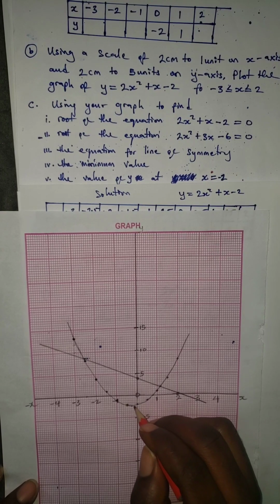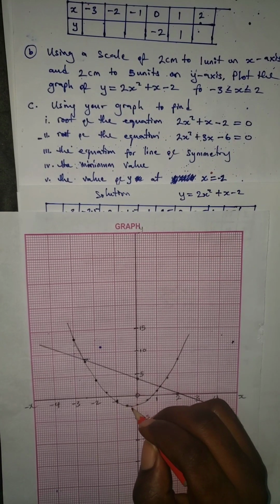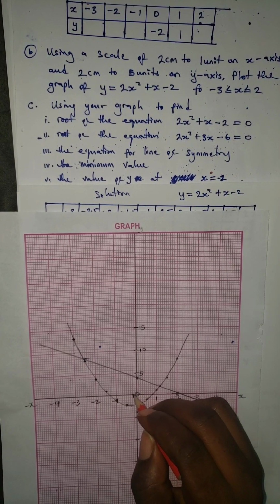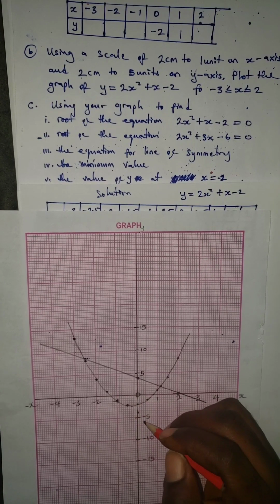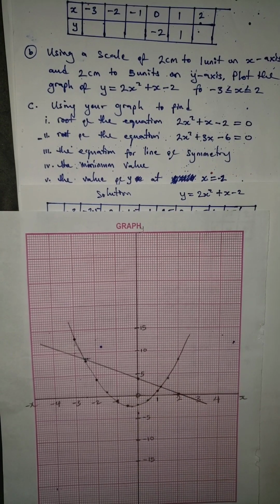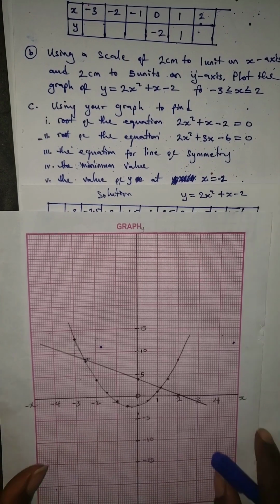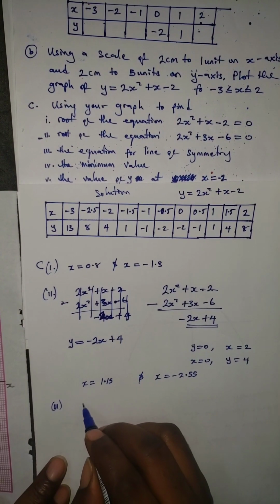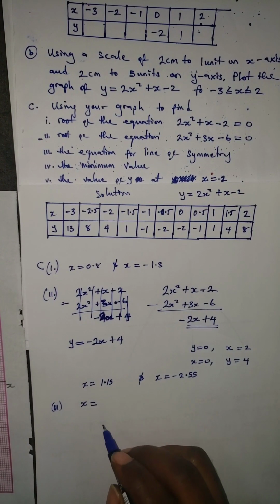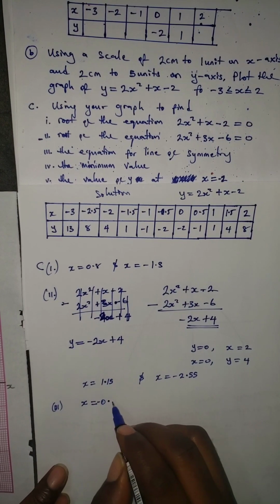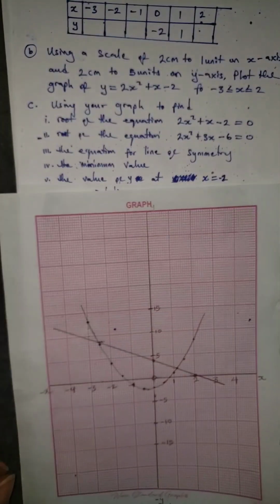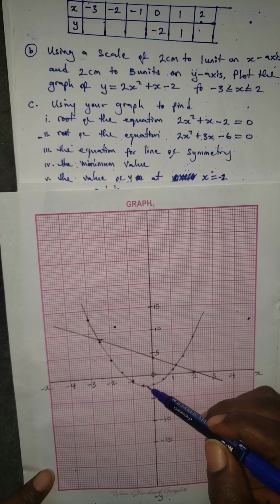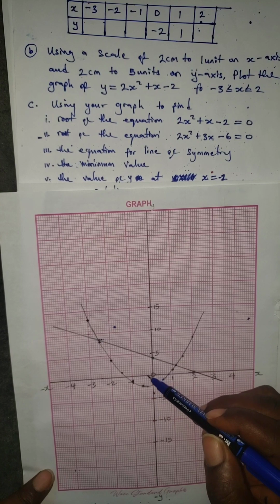So we can take it as minus 2.2 or minus 2.3. Then for the x value, here is 0, 0.1, 0.2, 0.3, so it can also be 0.2 or 0.3. From what I can see, I have my line of symmetry as x equals minus 0.2, or you can also take it as minus 0.25. How do we get that? At the turning point, you find the value of x.